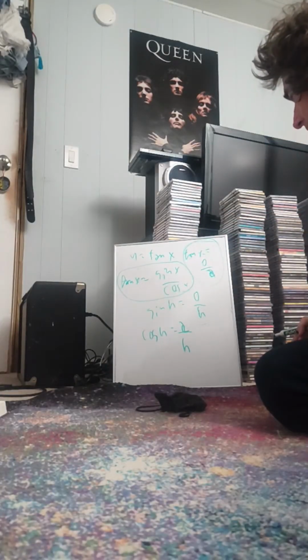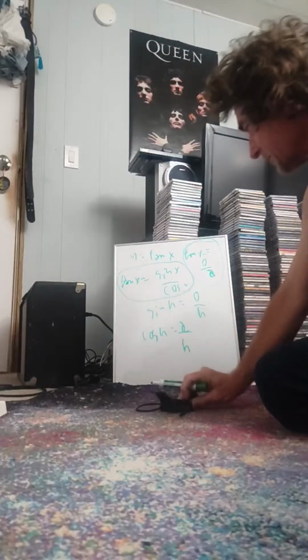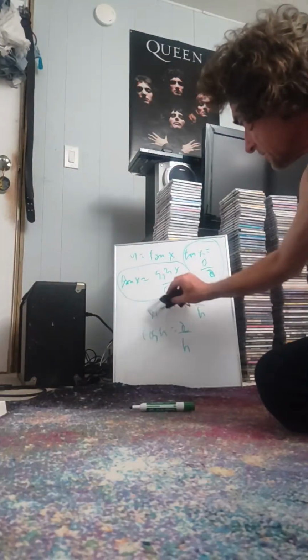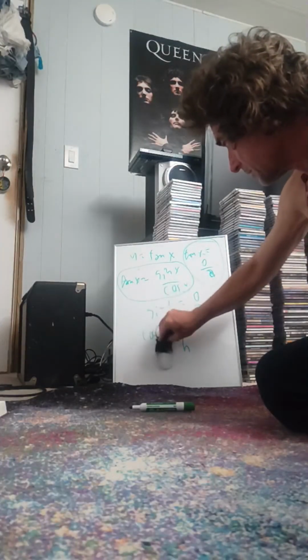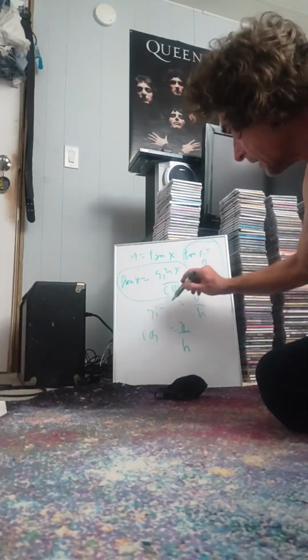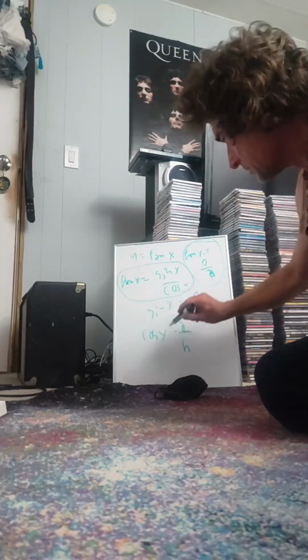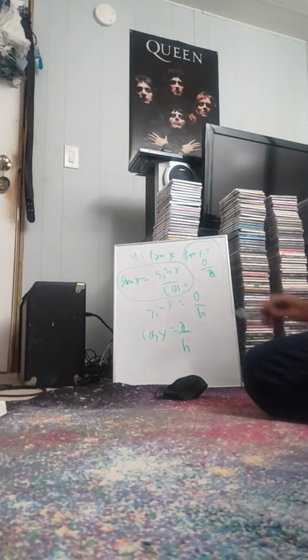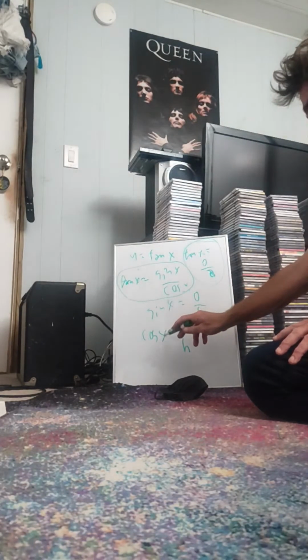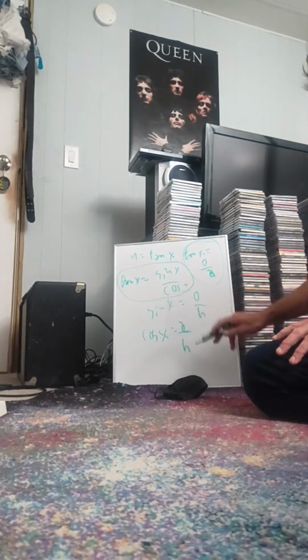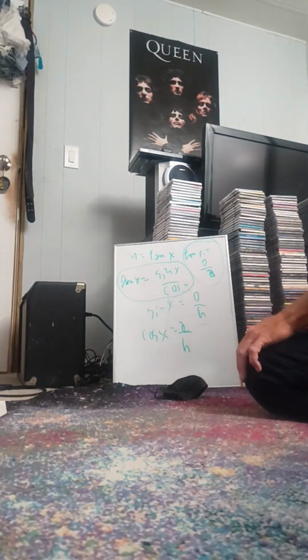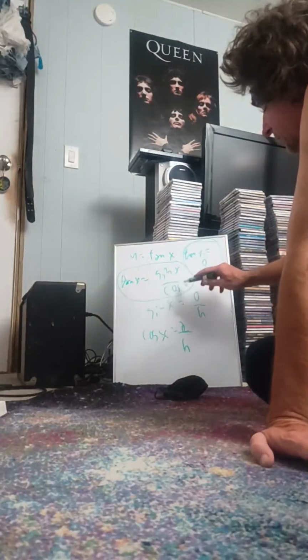In fact, I shouldn't use h as an angle because it makes it look ambiguous here. I'm going to write sine x and cosine x. So x is the angle, and sine is O over h, opposite over hypotenuse. Cosine x is a over h, adjacent over hypotenuse. So tangent x is sine x over cosine x.